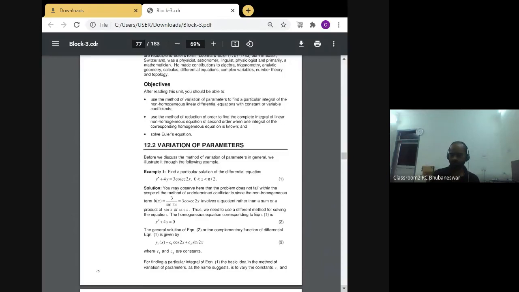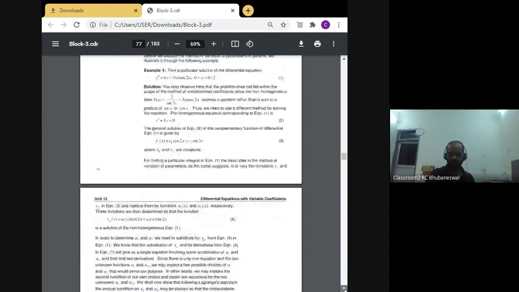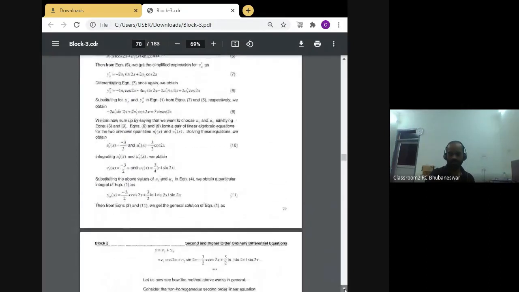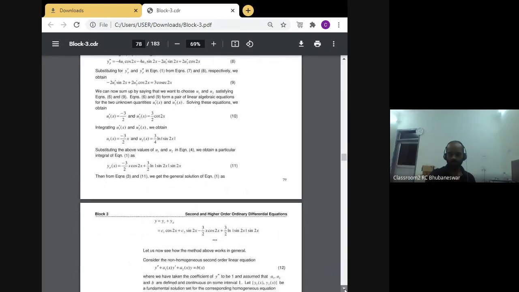As we know, when the differential equation is non-homogeneous, we have two solutions. First one is Yc, the general solution to the differential equation of homogeneous kind. Second one is Yp, a particular solution, a particular integral of the non-homogeneous differential equation. After combining these two results, we can find the general solution or complete solution to the differential equation.